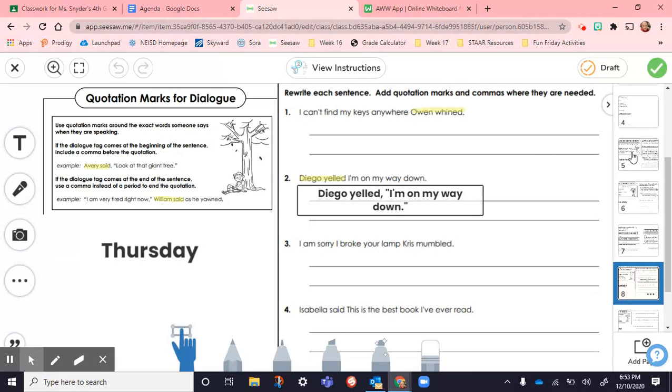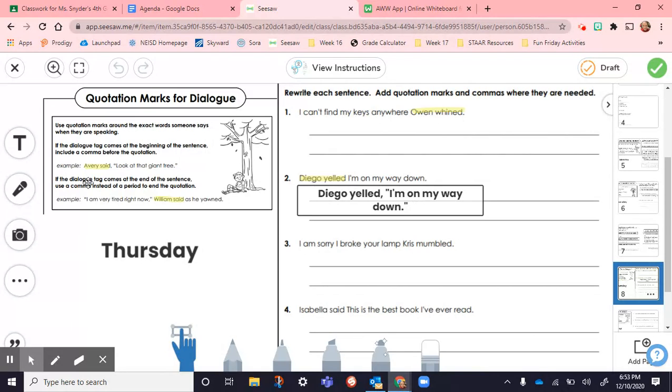But this is quotation marks for dialogue, and we've got some examples over here. So the one that we looked at today was when we have the dialogue tag coming at the beginning. So here, Avery said, "Look at that giant tree." So dialogue is when people are speaking, and this tag is telling you who's the one talking.